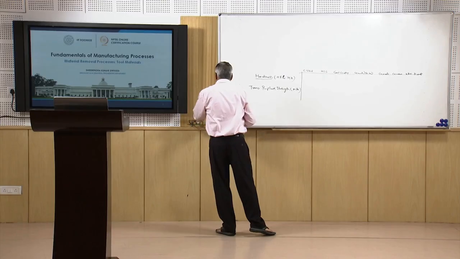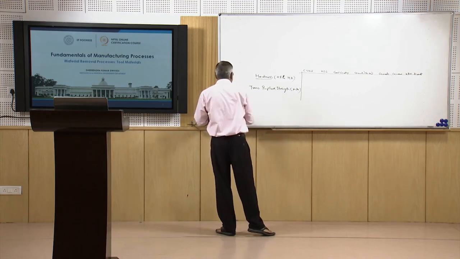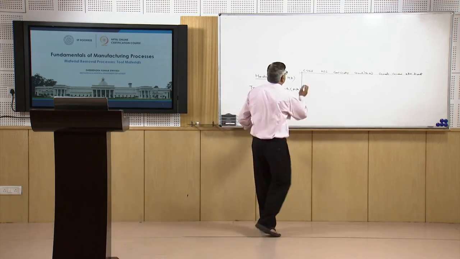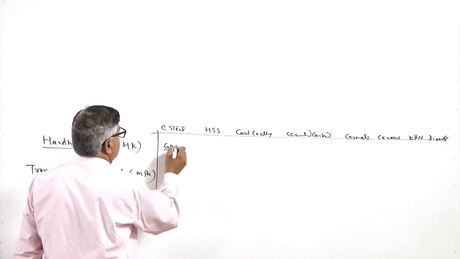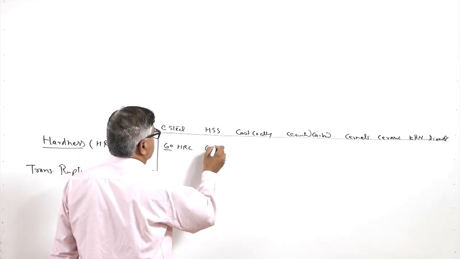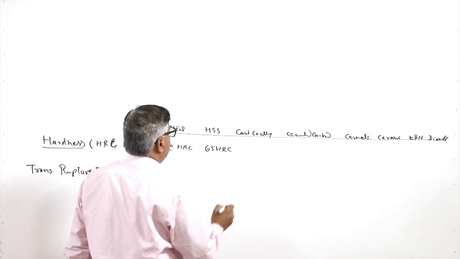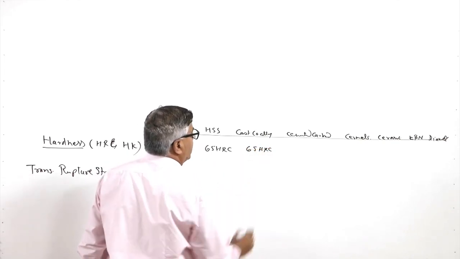The kind of properties that these materials offer include, for the carbon steels, a hardness of around 60 HRC, while for the high speed steel it is 65 HRC. For cast cobalt alloys also it is 65 HRC.